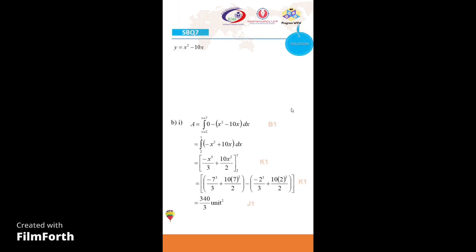Okay, for volume, the formula is outer squared minus inner squared. Your outer is actually your curve. Outer is the function that is farther from the x-axis.